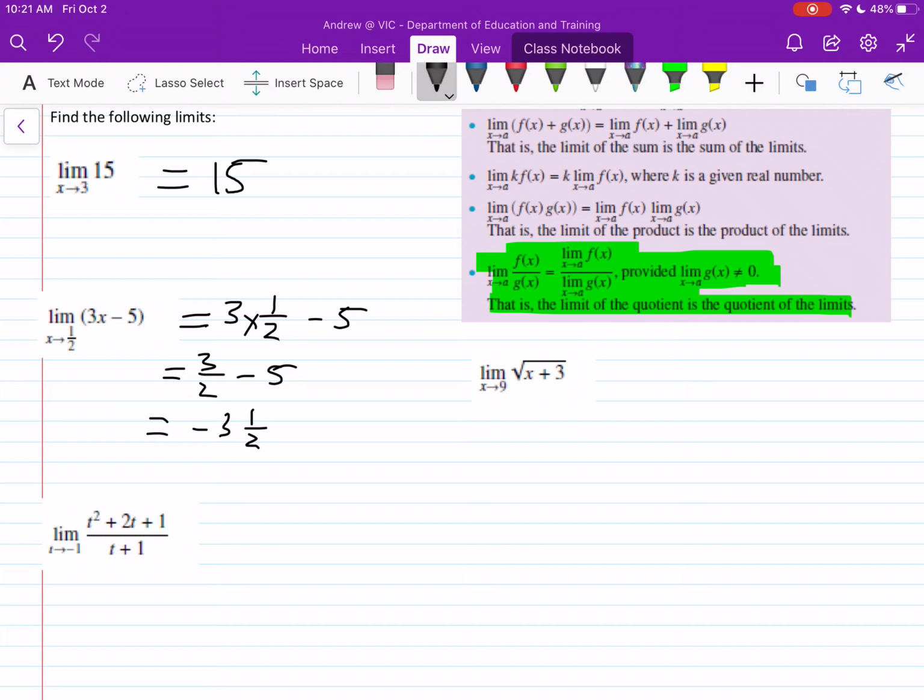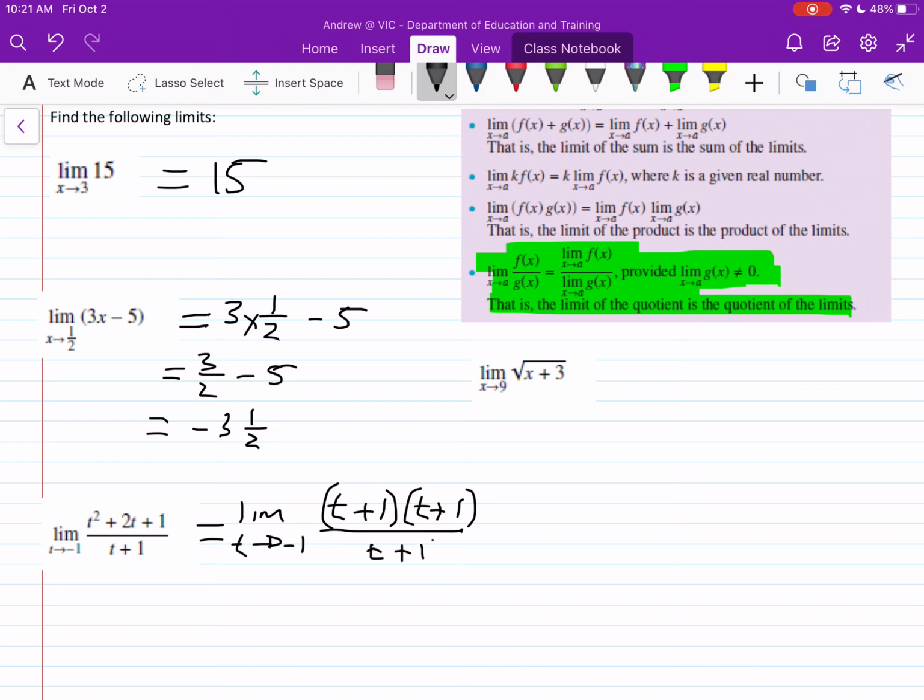So the top actually factorizes. This is going to equal the limit as t approaches negative 1 of t squared plus 2t plus 1, which factorizes to t plus 1 squared. I'm just going to write it like this, t plus 1 times t plus 1, over t plus 1.